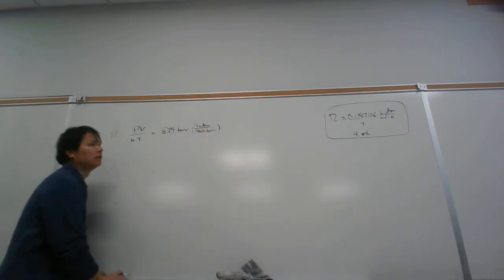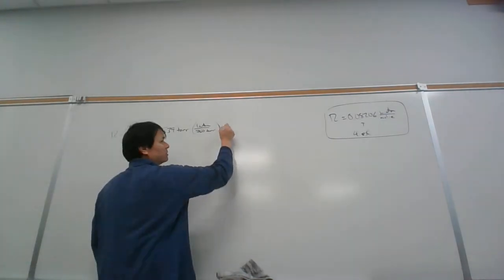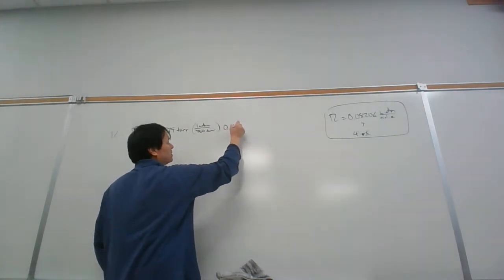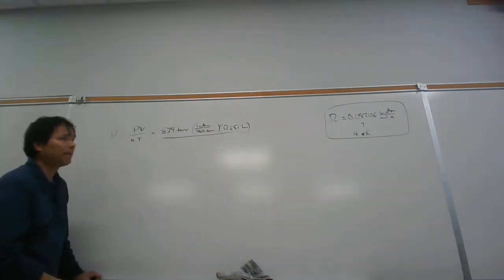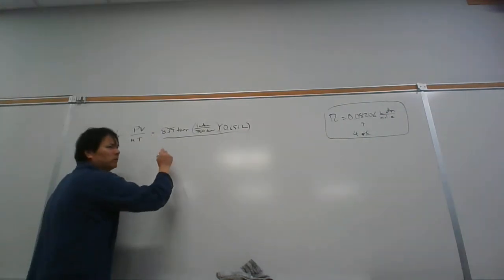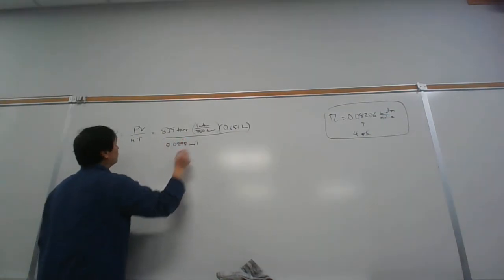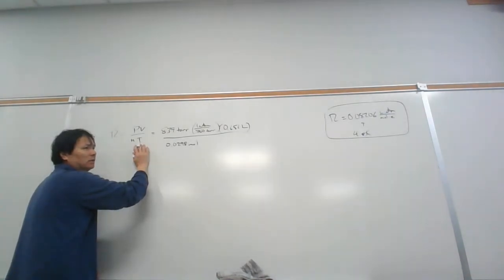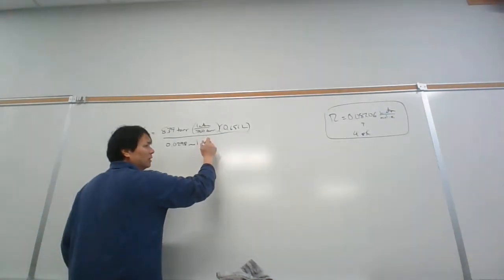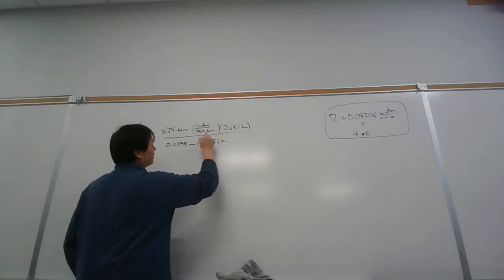The volume's in milliliters, so we convert that to liters. 656 milliliters is 0.656 liters, divided by N, which is 0.0298 moles, divided by T. T is 23 plus 273, which would be 296 Kelvin.